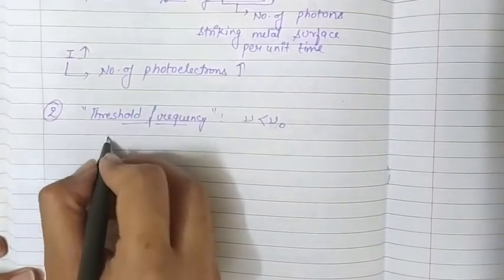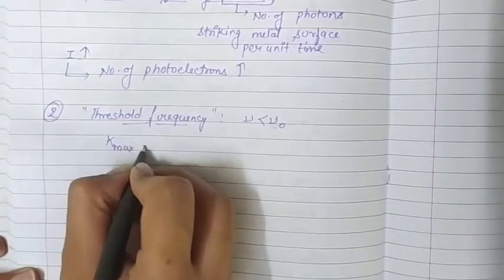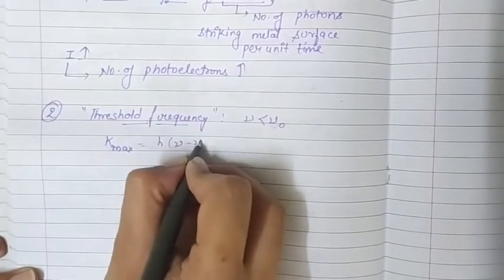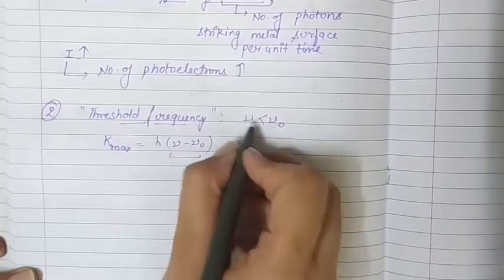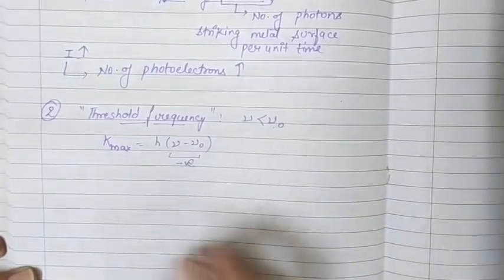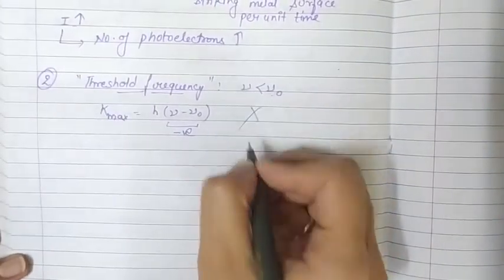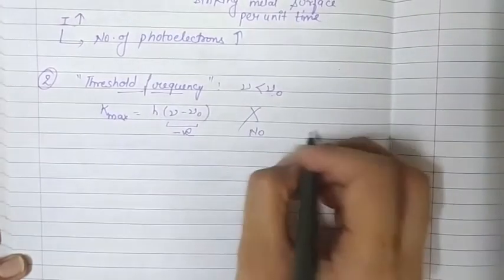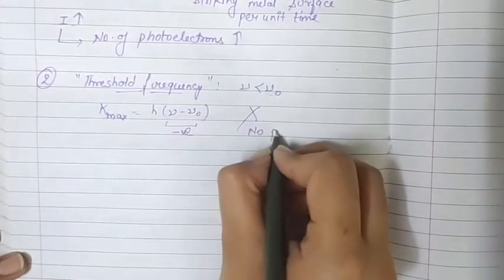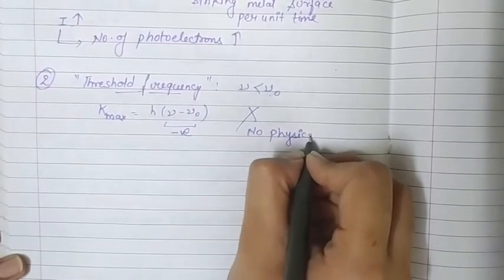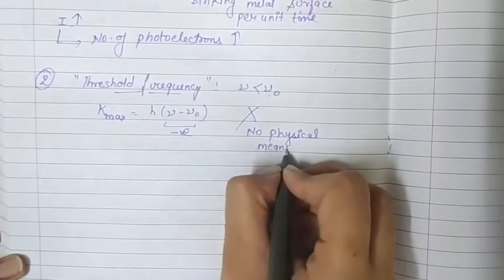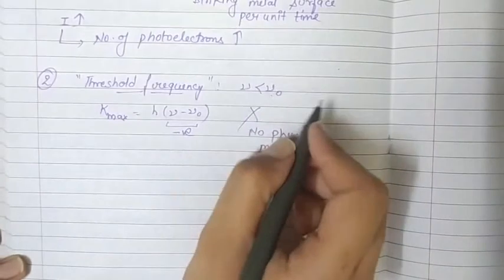Einstein's photoelectric equation states that Kmax is equal to h(nu minus nu naught), and if nu is less than nu naught, that means this kinetic energy becomes negative, which has no significance, right? There is no physical meaning of negative energy. That's why this possibility is overruled.